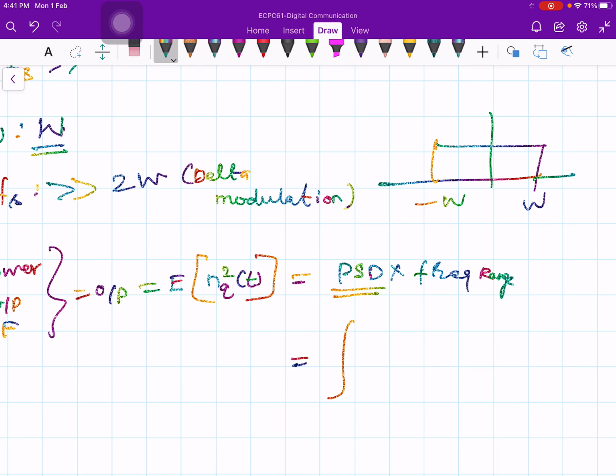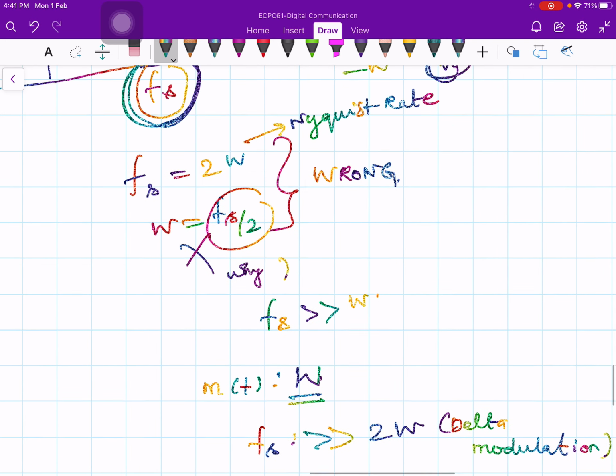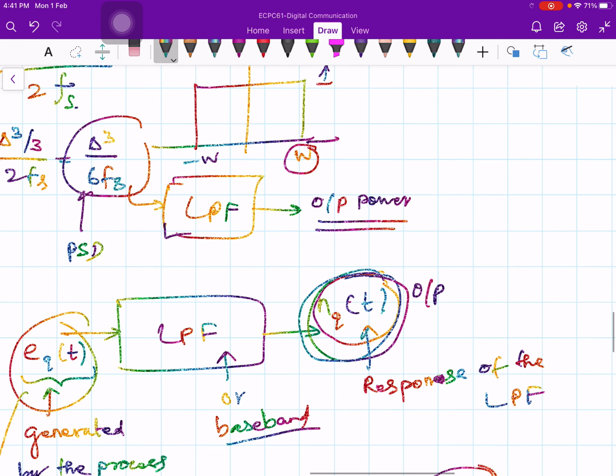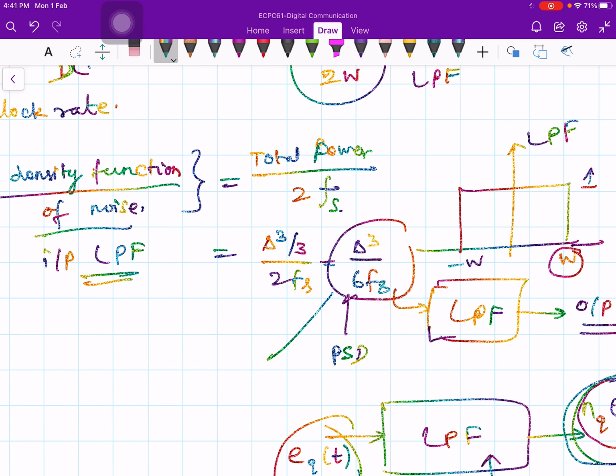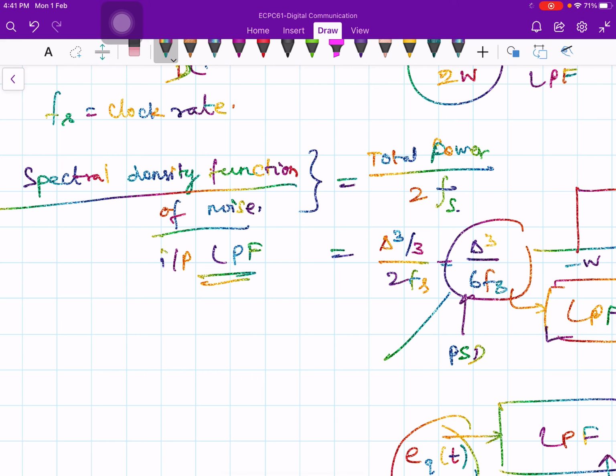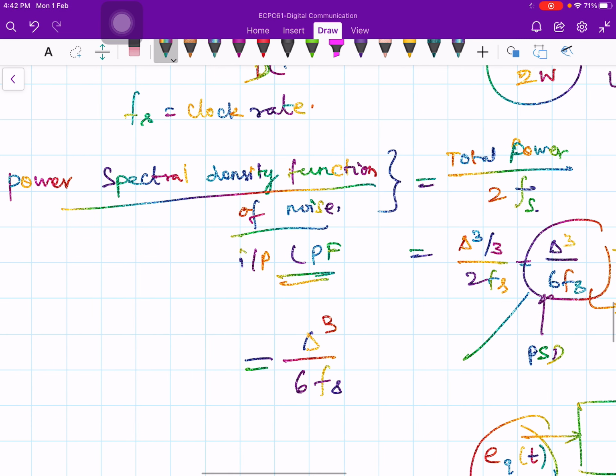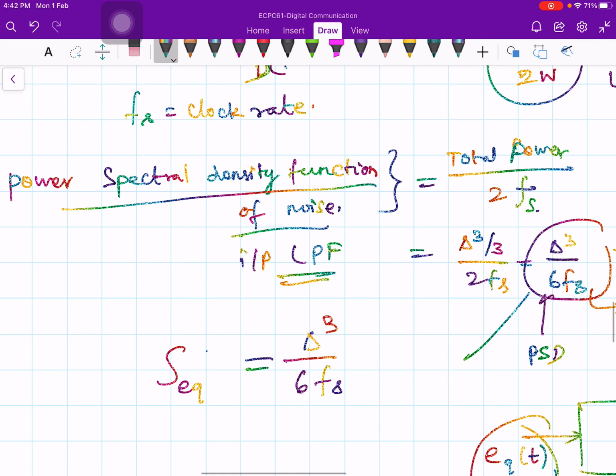What is the power spectral density? Just now we calculated. Yeah, this is my power spectral density function, delta q by 6 times Fs. Let me call this power spectral density function S suffix EQ of F, since it is in the frequency domain.